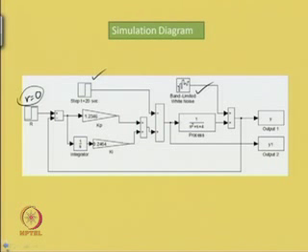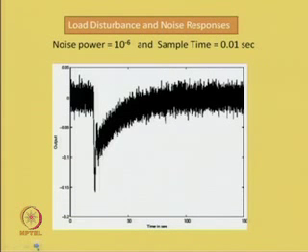Now, when both the static load disturbance of magnitude minus 0.5 and band limited white noise are present in the system, then the output of the system is obtained as shown over here. So, we get the load disturbance and noise responses.